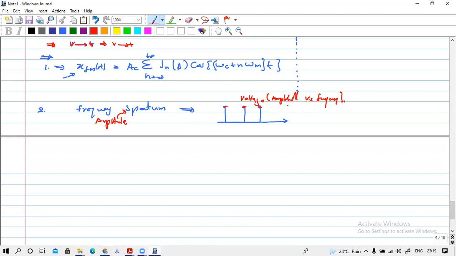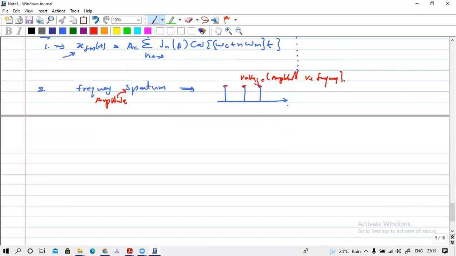But what is the power spectrum? The name itself implies that we have to plot the power of different frequency components with frequency. This frequency can be f or ω. So we have to put the power here.